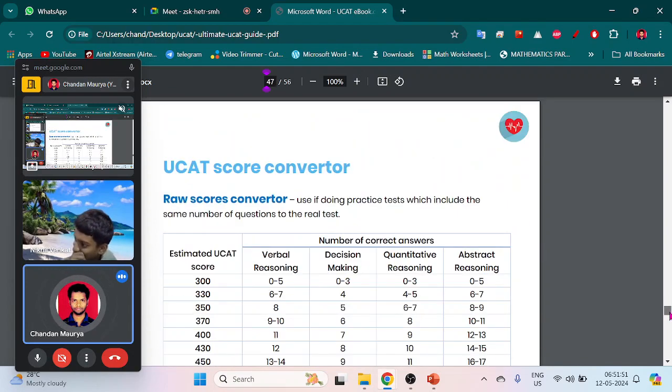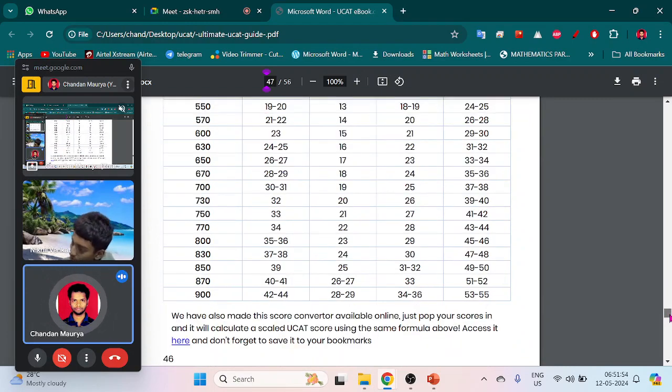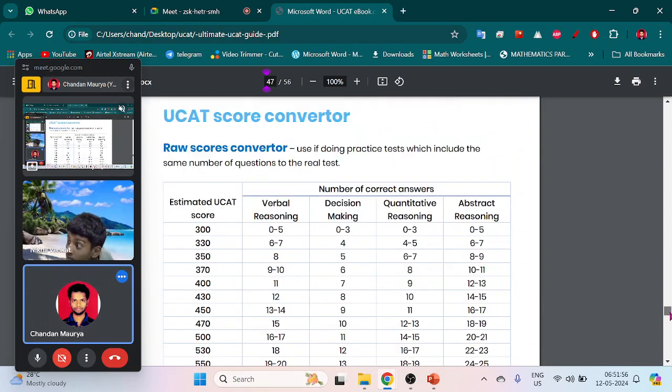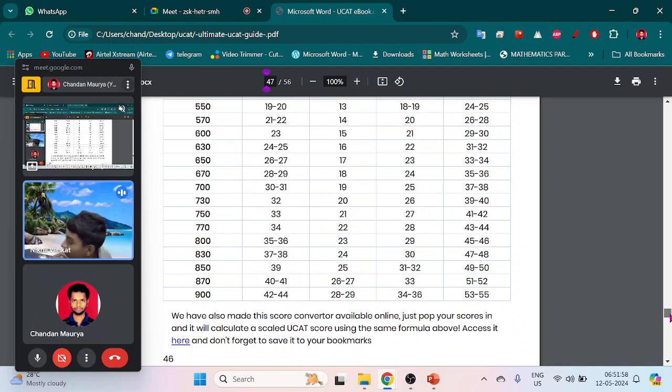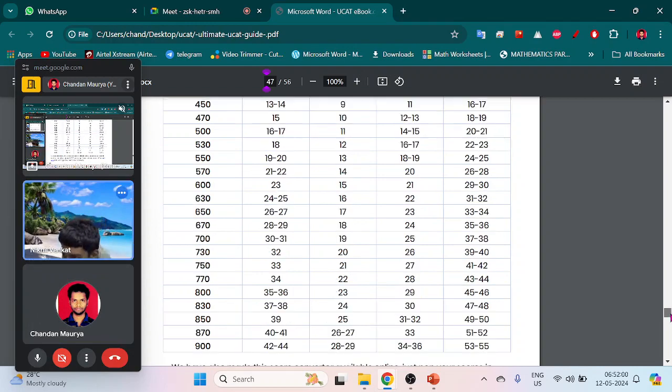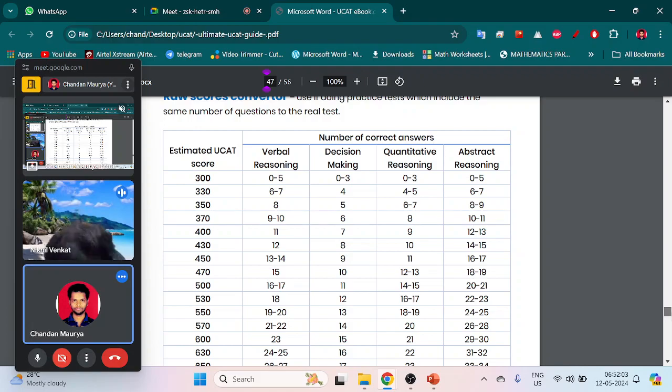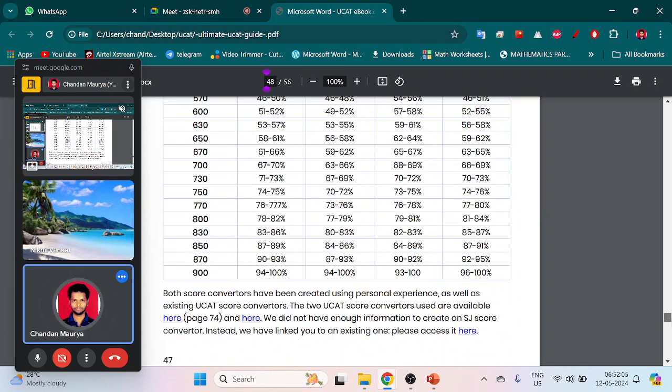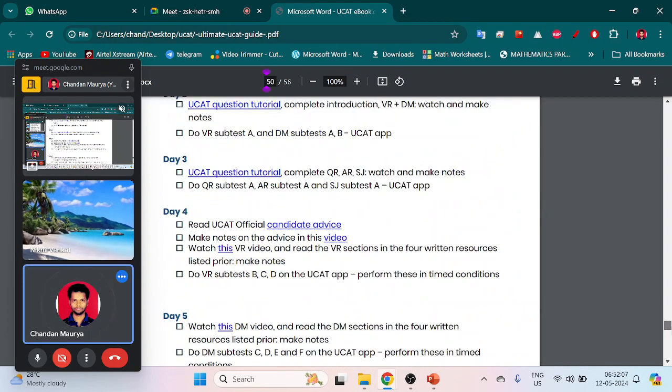I also heard that this is of how many marks? 900 marks. Uh, 3,000. How many? 3,000 marks paper. Oh, OMG.